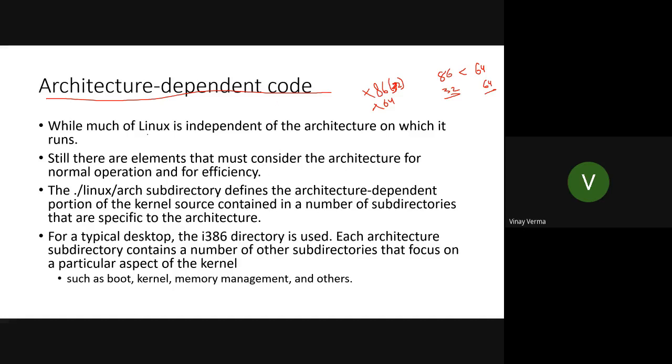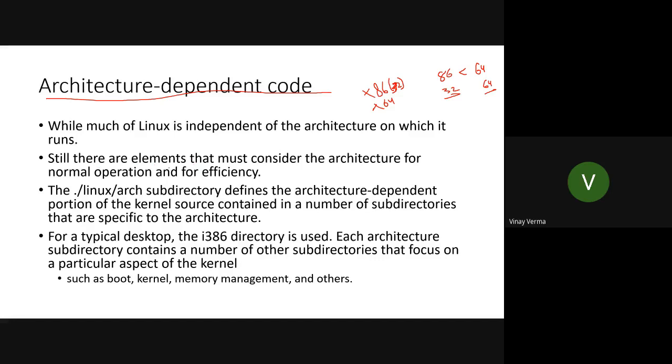While much of Linux is independent of the architecture on which it runs, as I told you earlier, 32-bit cannot run 64-bit code, but 64-bit can run both 32 and 64. So that is the dependency on Linux.